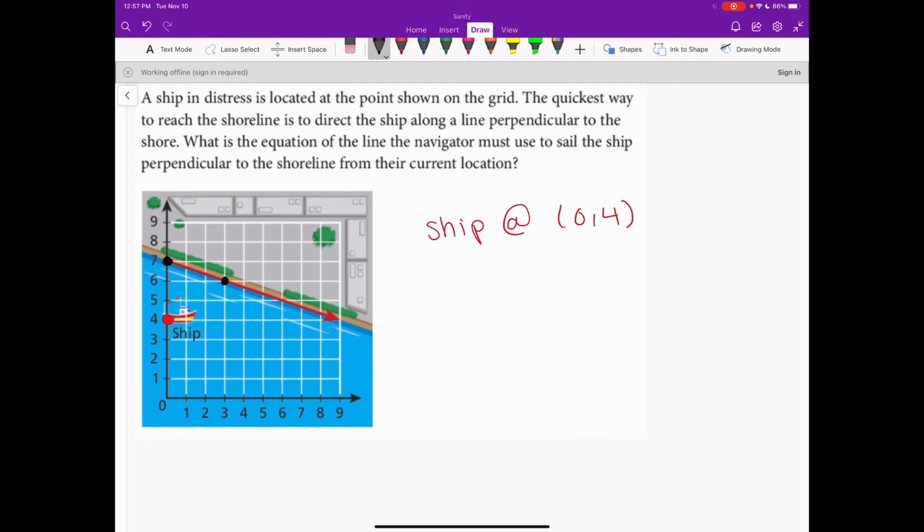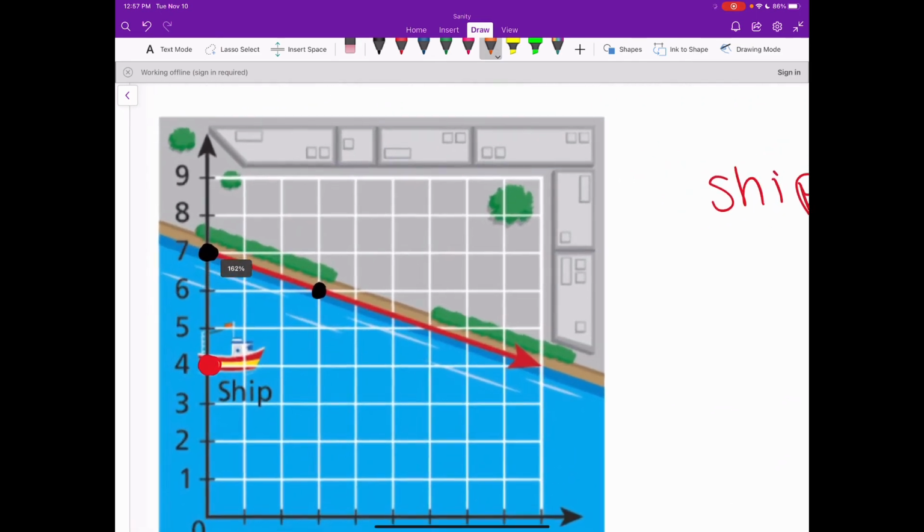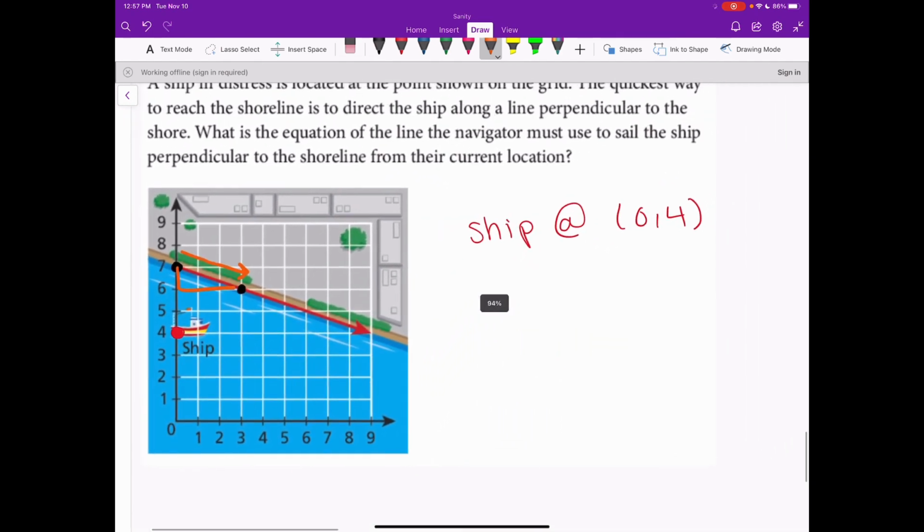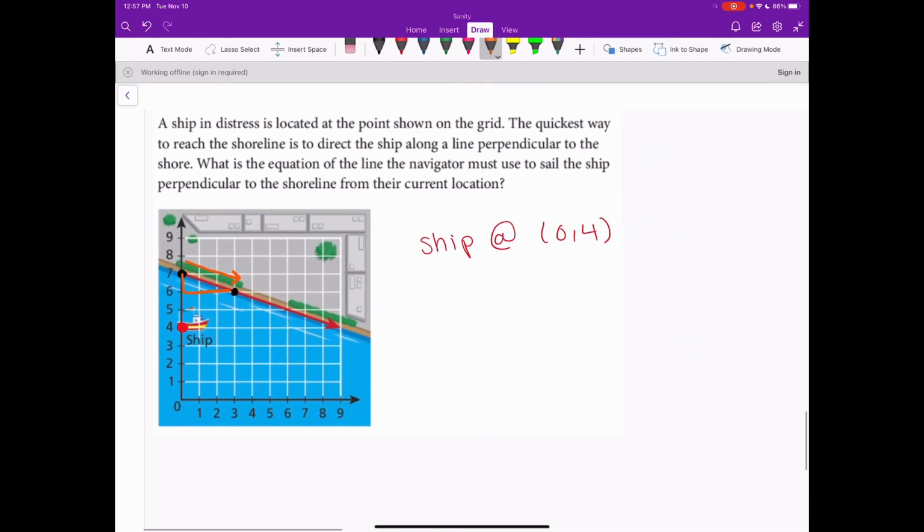So the slope between those 2 points, we could use the slope formula, or you could just recognize, hey, I'm running 3, and I'm falling 1, right? Since this is a negative slope, the slope of my shoreline is -1/3.